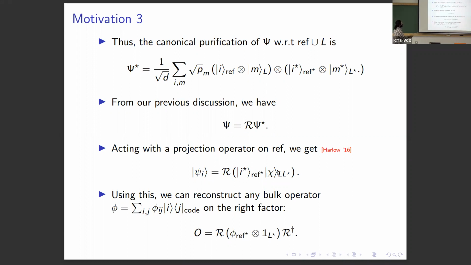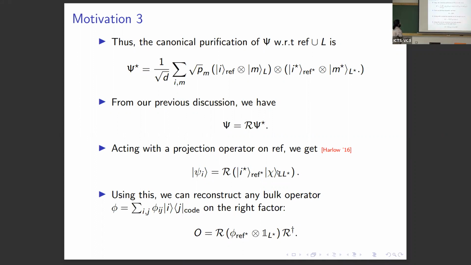Okay, the way you should think of this is that this operator, this R star, is like some bulk qubit which is sitting out at infinity, or away, actually not in the CFT, but outside of the CFT. You bring it, you couple it together with the CFT state on L L star using this operator. Crucially, this operator only acts on one side, on the L star side, not on the L side.